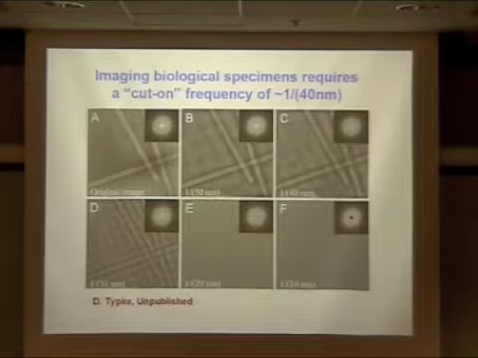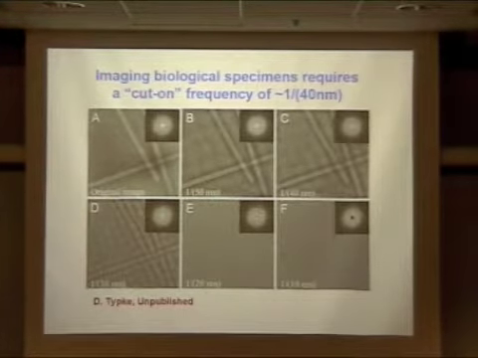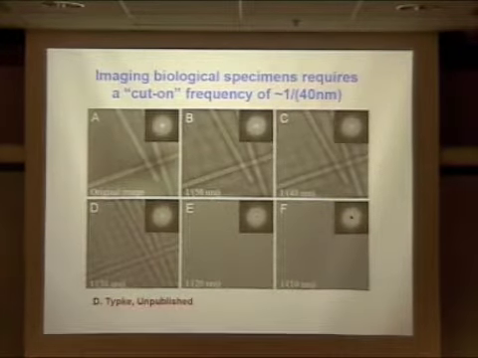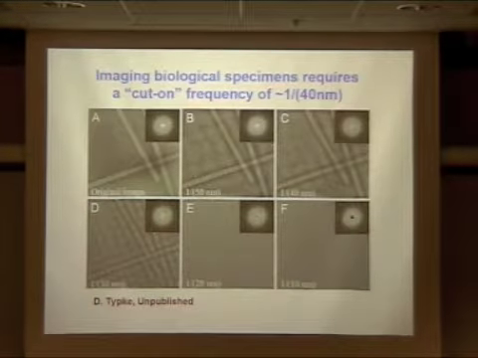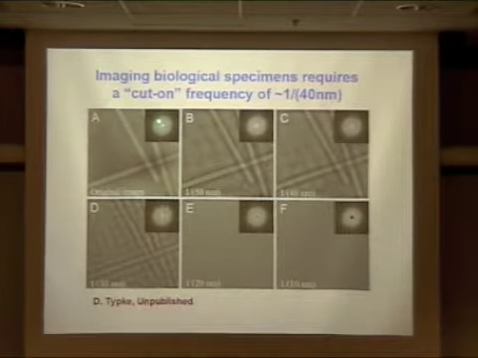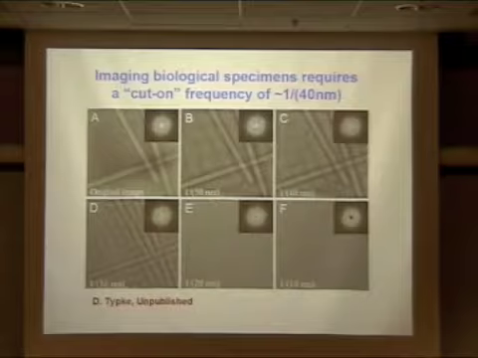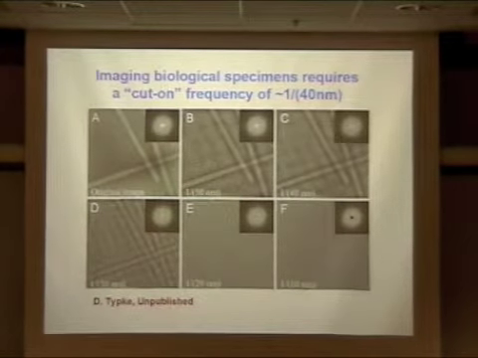Now, some time ago, Dieter did a simple calculation to illustrate why it is so important to include the low spatial frequencies. This is just an image of negatively stained tobacco mosaic virus. You can barely see the 23 angstrom layer line. That's an internal spatial frequency calibration on the simulations that were done.